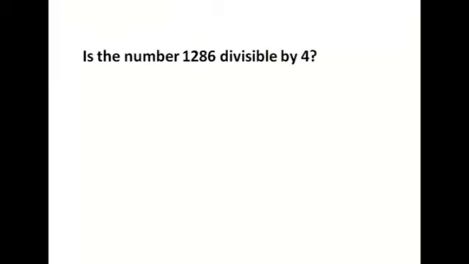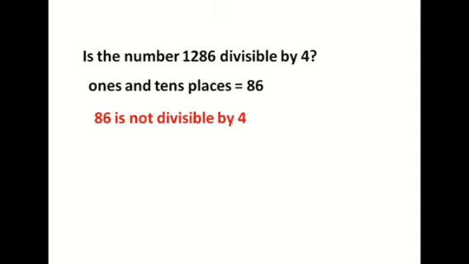Now tell me whether the number 1286 is divisible by 4 or not. So take the ones place and tens place. It is 86. Is 86 divisible by 4? You divide 86 by 4, you will get the answer. It is not divisible by 4.